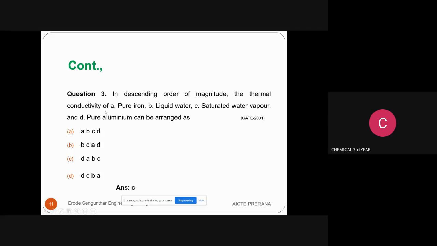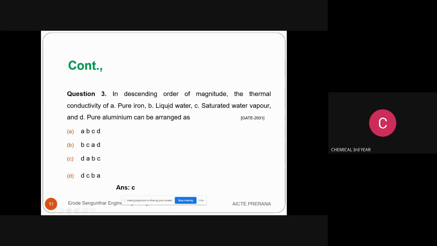Thermal conductivity is the basic thing. We are going to map this. Which one has the higher thermal conductivity in these four materials? Definitely pure aluminum has the higher thermal conductivity. Then next pure iron will come, a metal. So first D, second A, and third definitely liquid water, because the last one is in the gaseous condition only, right?